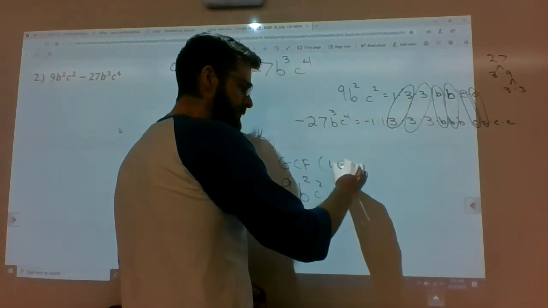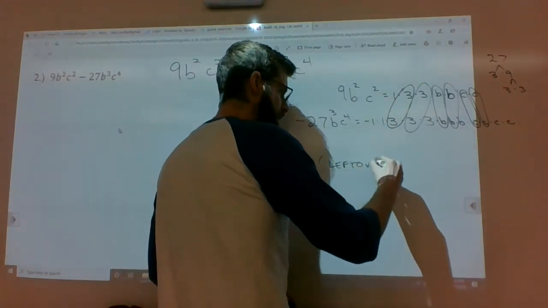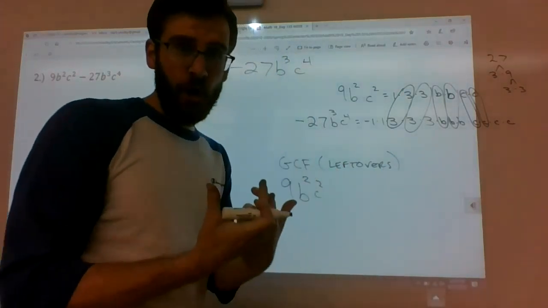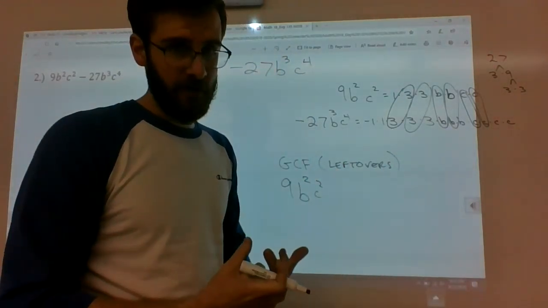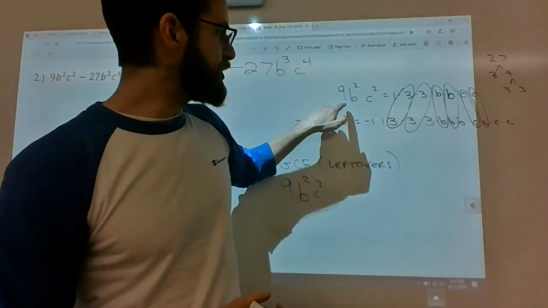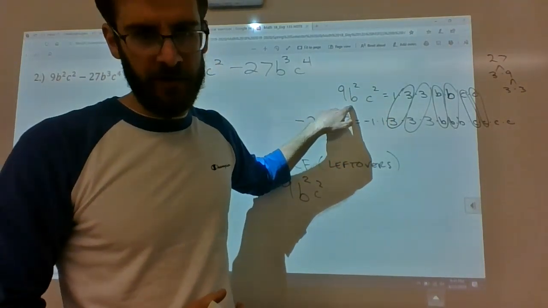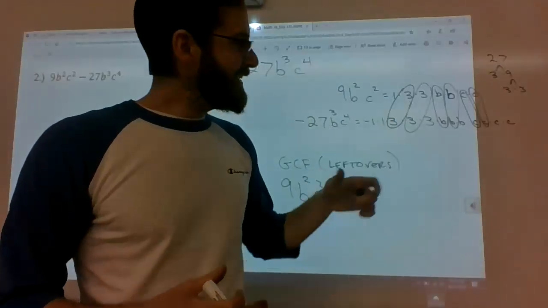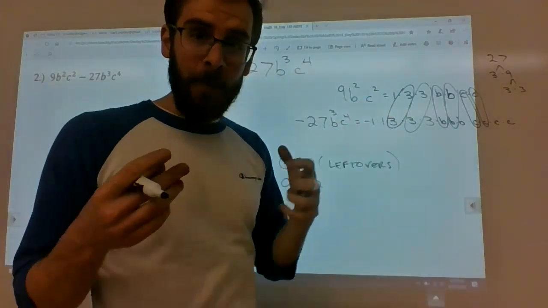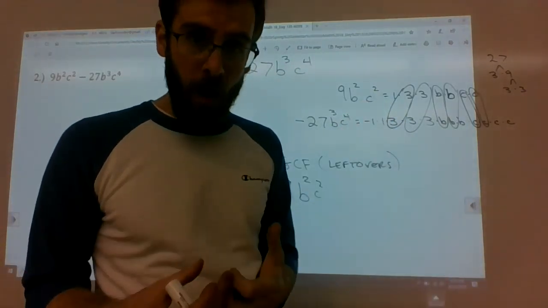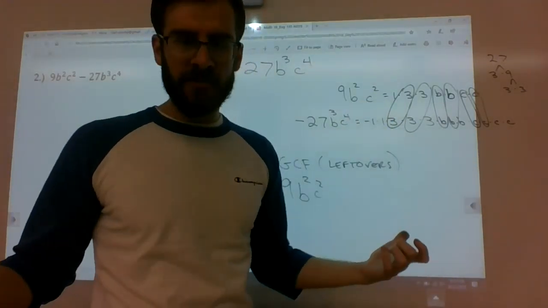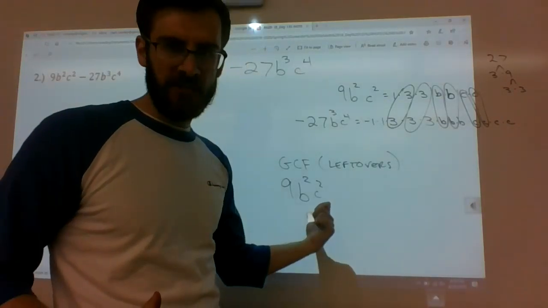Now for the leftovers, remember, we need a placeholder for both parts. So it seems like we totally decimated 9b squared c squared, like it's all gone. But see how we didn't circle the 1? That reminds us that it always has a 1, even when every part seems to have been taken out with the GCF.